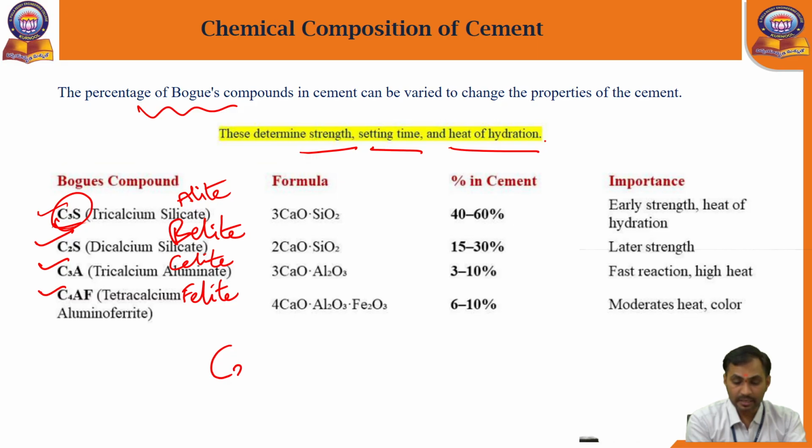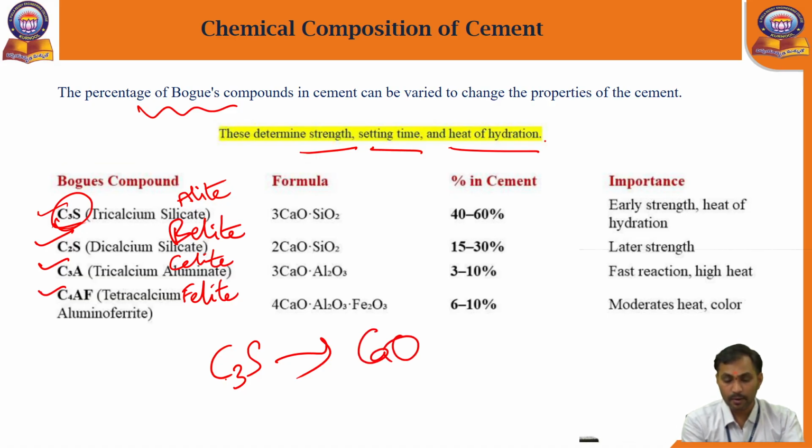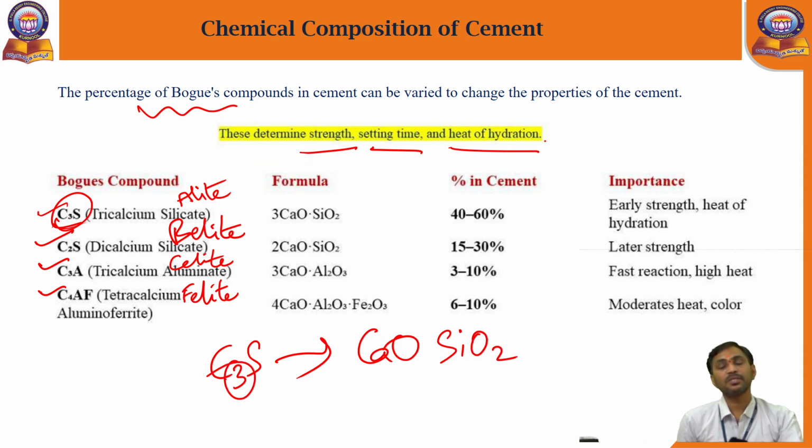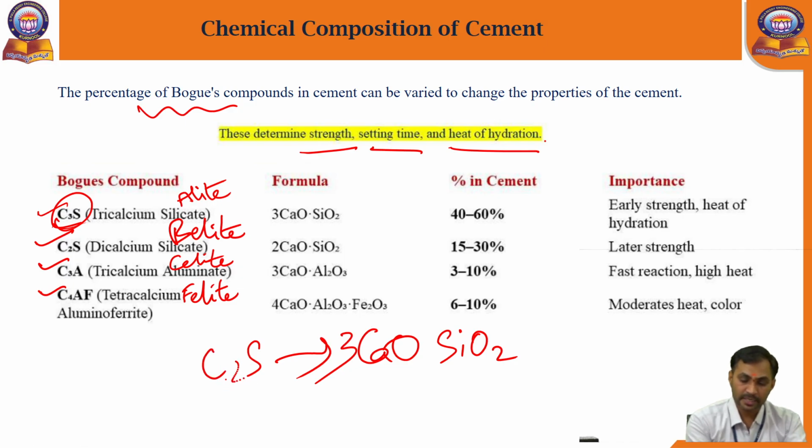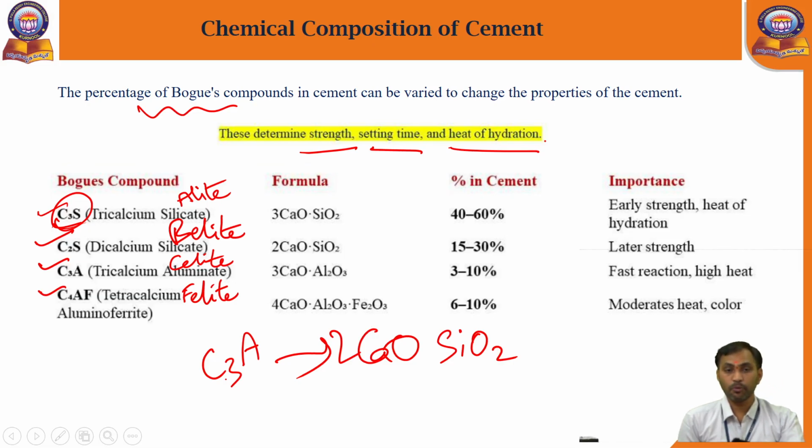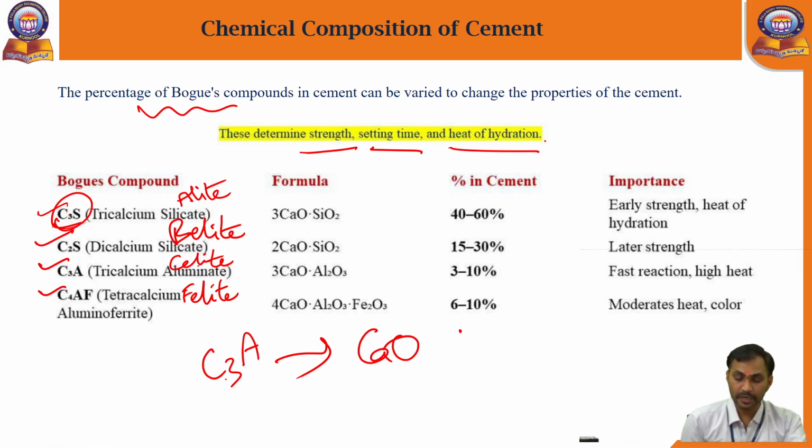The calcium formula is CaO and the silicate formula is SiO2. How many calciums are present? 3. So it is 3CaO.SiO2. In the same way, C2S is 2CaO.SiO2. C3A is tricalcium aluminate: the calcium formula is CaO and the aluminate formula is Al2O3.